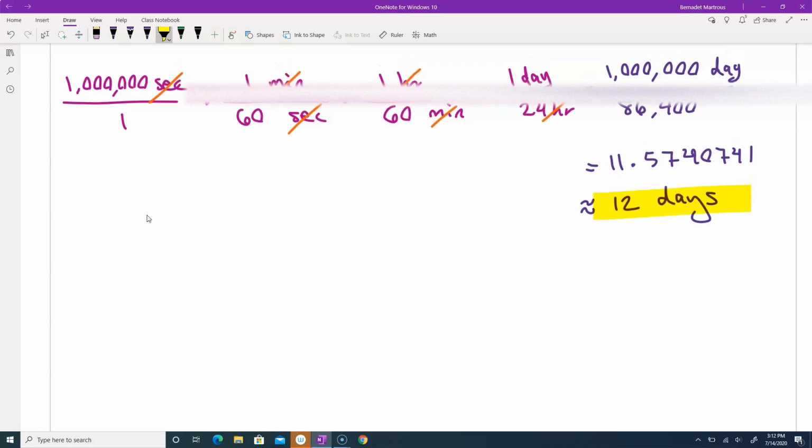So here what we had was that number, and after rounding it was 12 days. This is the difference that we have between the estimate and what the answer was. So it's less than 1 day.